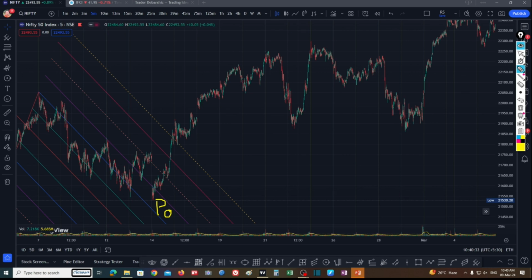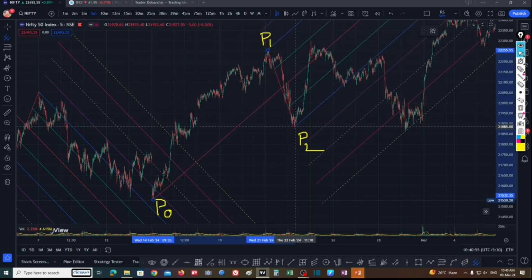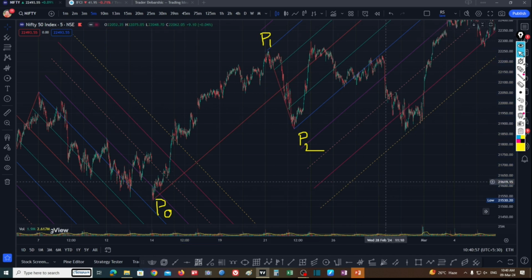Perhaps this one P1. This one may be P2 for the initial level. We can draw a pitchfork. Just like that.